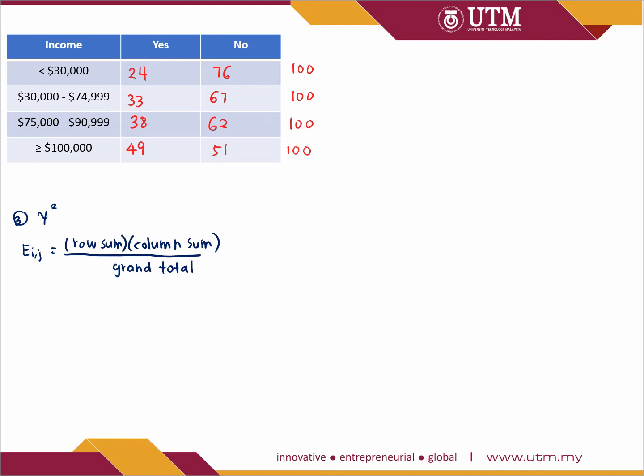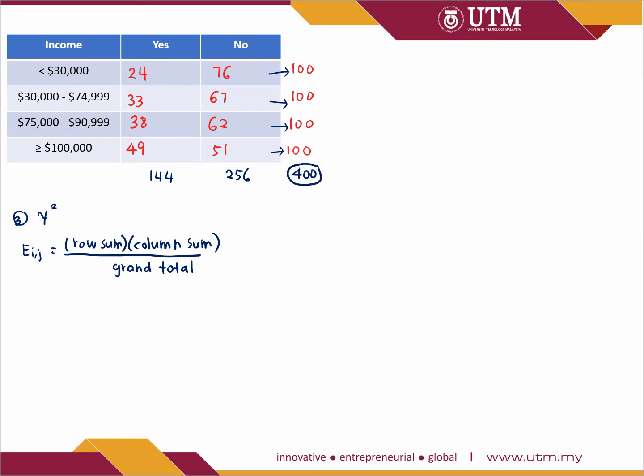In our table, we already found the row sums, row 1 up until row 4. So we need to find the column sums so that we can find the expected value for each cell. Here 24 plus 32 plus 38 plus 49 would be equal to 144. And the second column sum would be 256. And the total of this would be 400.